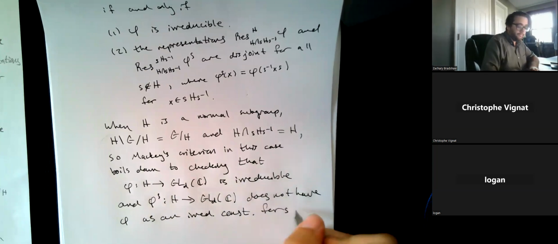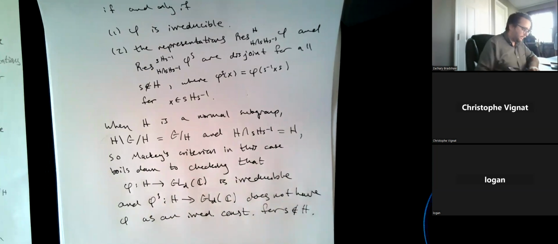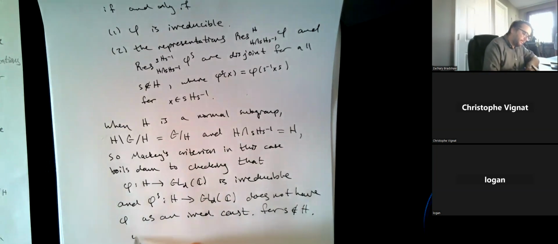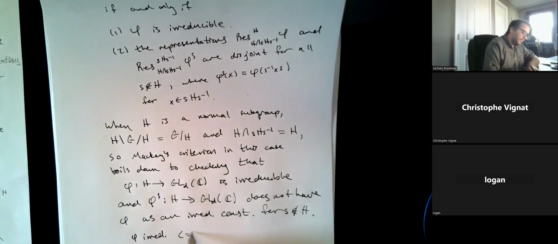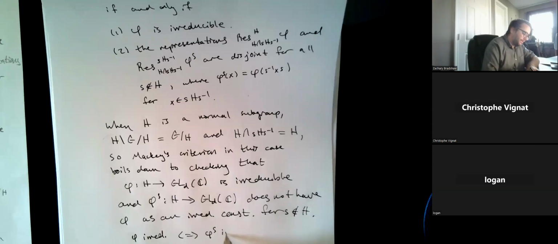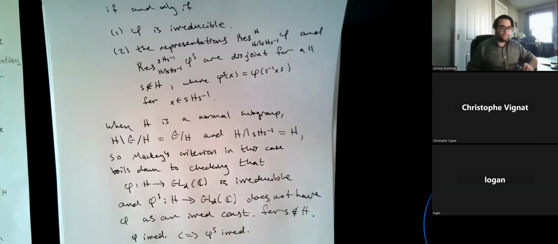Well, specifically for S not in H. Actually, it turns out that phi is irreducible if and only if phi_S is irreducible. So all you have to do is check that phi and phi_S are inequivalent irreducible representations when S is not in H.